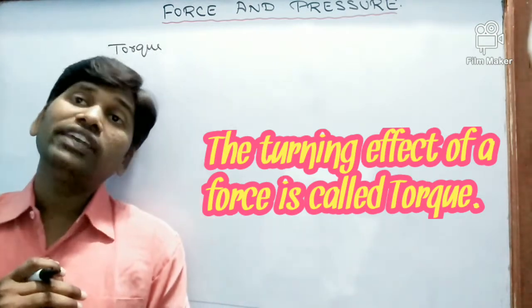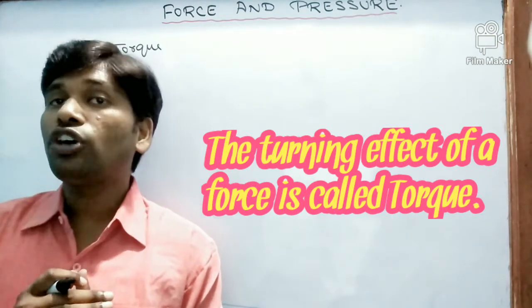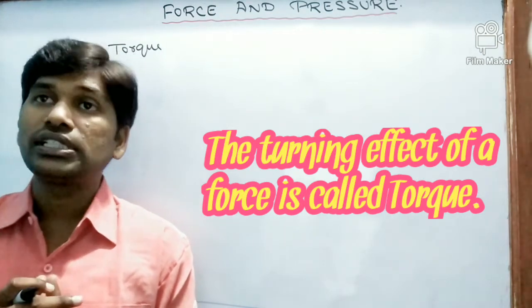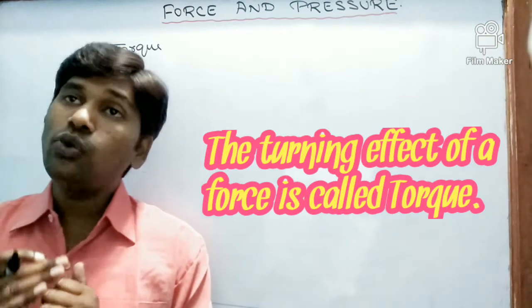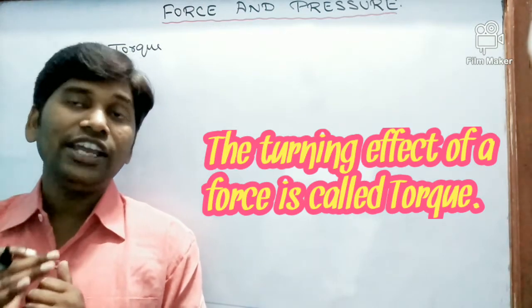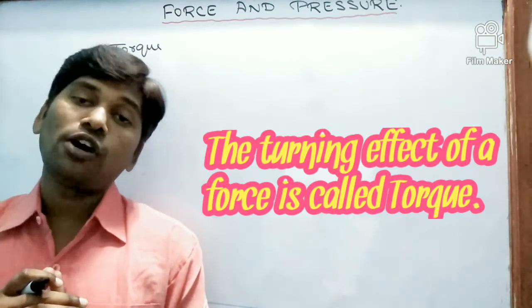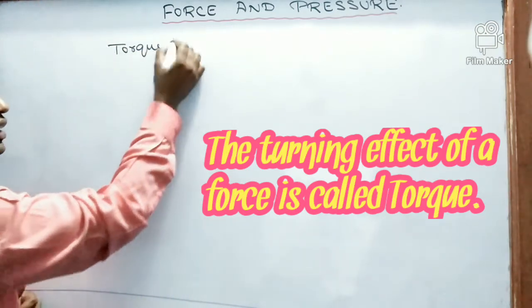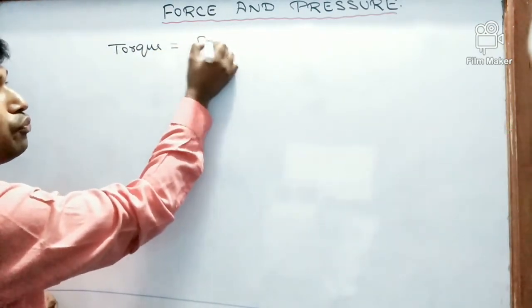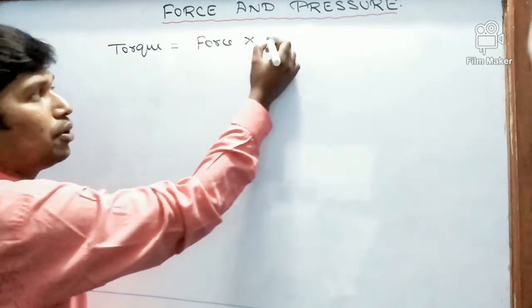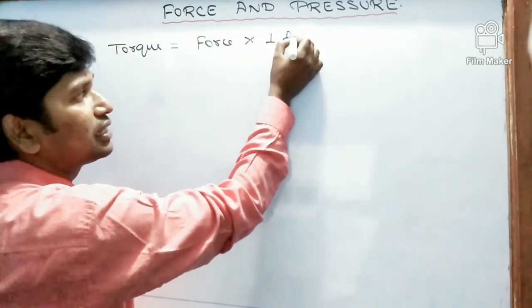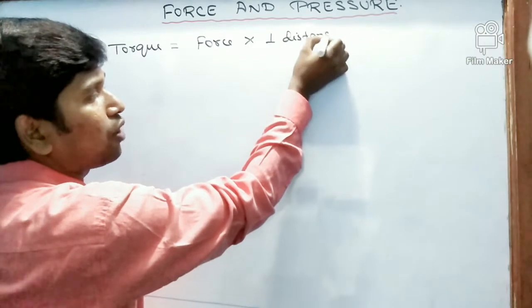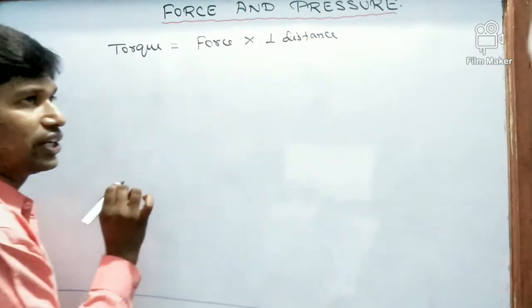It is also defined as the product of magnitude of force and the perpendicular distance of the line of action of force from the axis of rotation. That is, torque is equal to force into perpendicular distance from the axis of rotation.